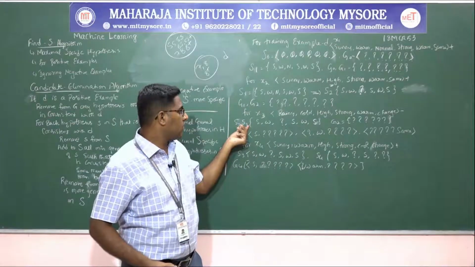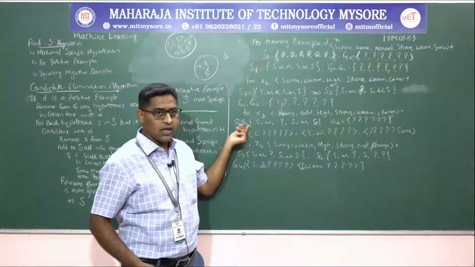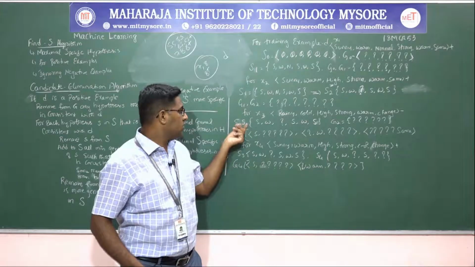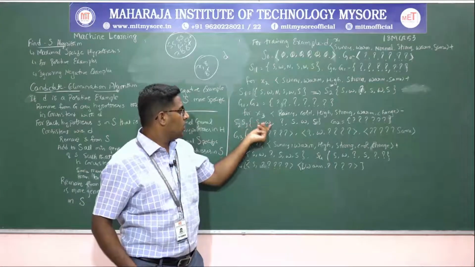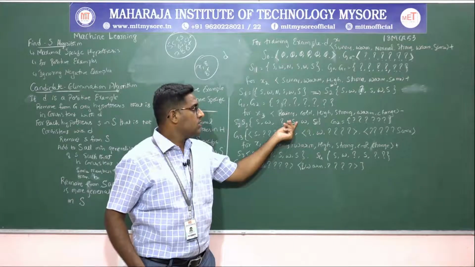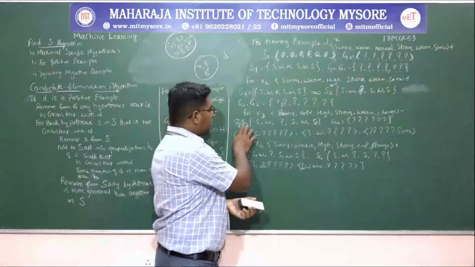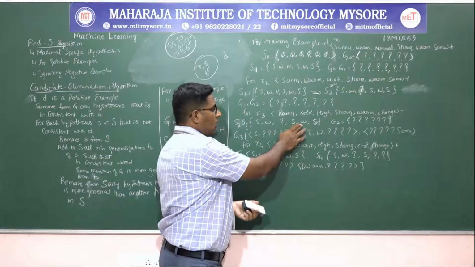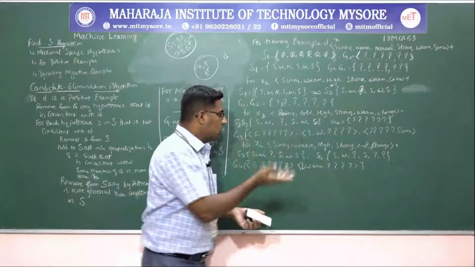Now if you write the specific value for S3, it will be almost the same with respect to S2 and S3. S2 is very specific: sunny, warm, high or normal, and again strong, warm and same. Similarly S3 will be more specific: rainy, cold, high, strong, warm and change. So it will be almost similar to that.